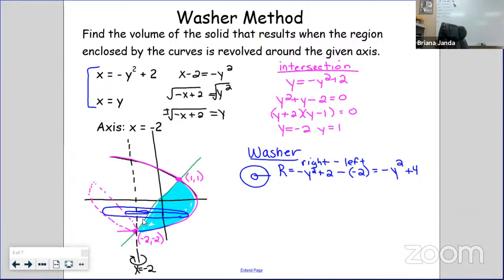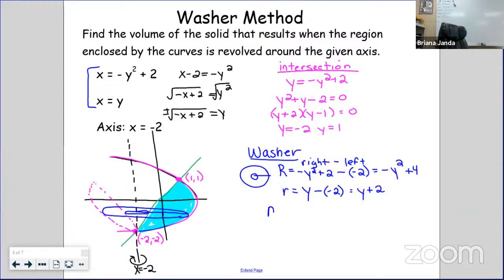Questions? Smaller radius, again, right, which is our line x equals y, minus left, which is our line x equals -2. So it'd be right function is y minus left function is -2, or y plus 2.